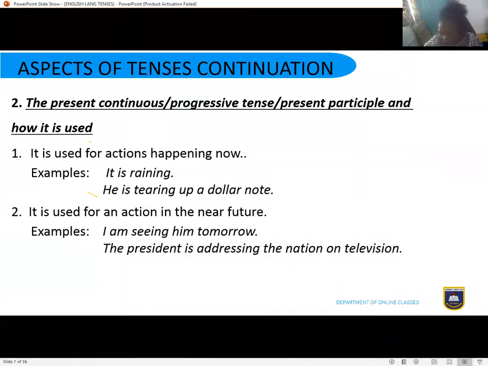Now, I want someone to give us a sentence and identify the verb form that is in the present continuous. Agbocha Cindy, give us a sentence and then identify the verb form that is in the progressive tense.